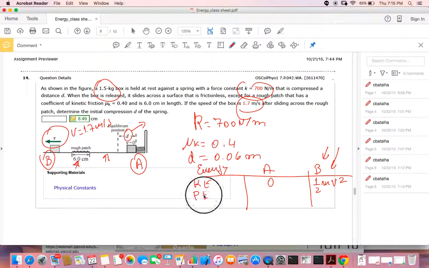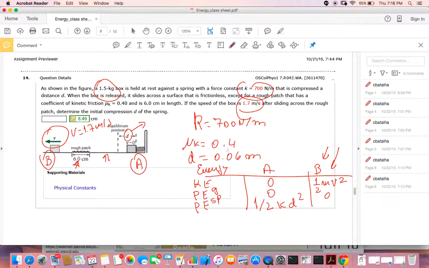Now, what else do we get? Do we get gravitational potential energy? No, everything is on a flat surface. It doesn't change. Do we have spring potential energy? Oh, yes. At point A, I have half k d squared. k is given, the spring constant, 700 newtons per meter, and d is how much the spring is being compressed.